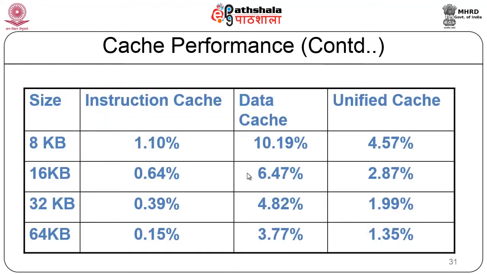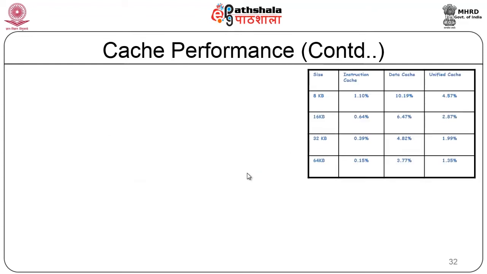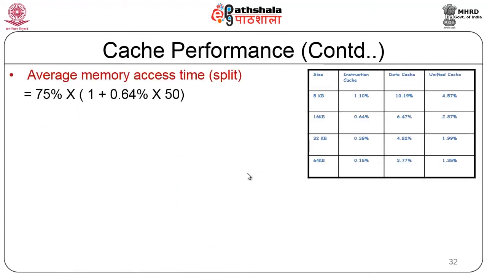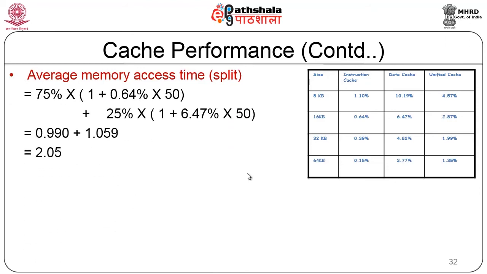The miss rates are given for a unified cache and for a separate instruction cache and data cache. If we apply our simple memory access time equations here, the memory access time for a split cache works out to 2.05: for the 75% instruction references you have 1 plus 0.64% into 50 clock cycles, and for the remaining 25% it is 1 plus 6.47% into 50 clock cycles, which works out to 2.05.